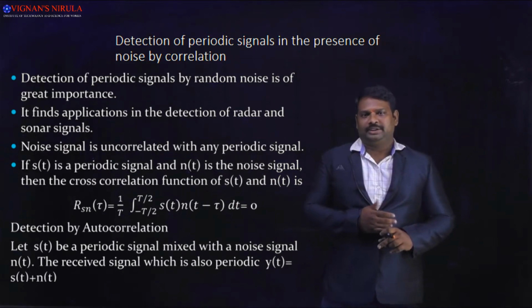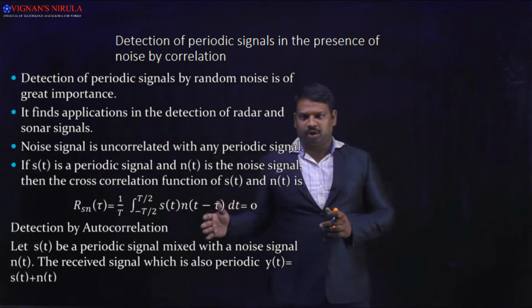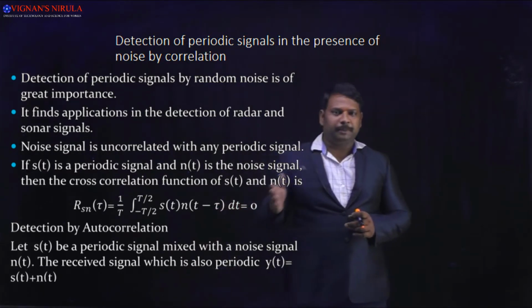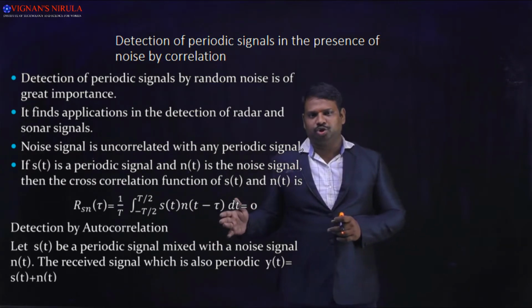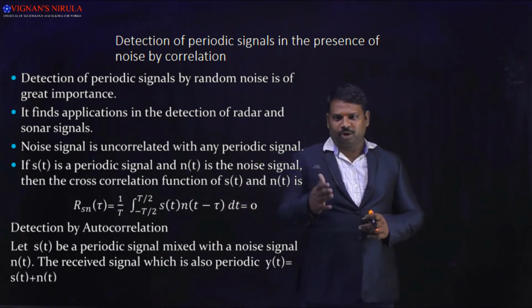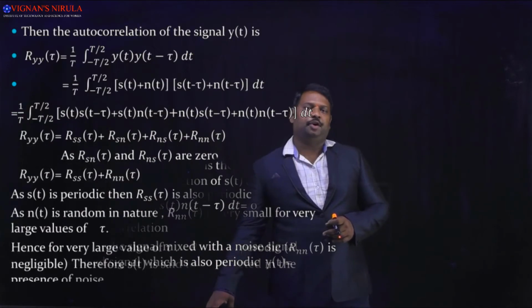Now, as there is no correlation or similarity between them, consider detection by autocorrelation. Let S of t be the periodic signal mixed with the noise. Therefore, the received signal y of t is S of t plus N of t.